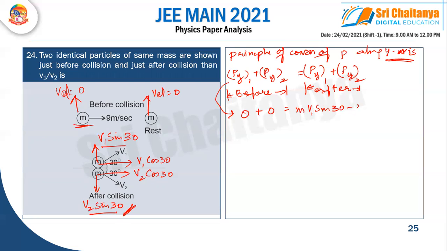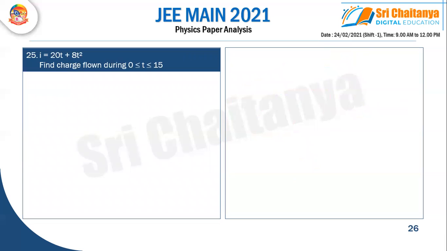Now I can cancel these, and I get v1 sin 30 is equal to v2 sin 30. So v1 by v2 will be equal to 1. We are getting the answer as 1. We'll move on to the next question.